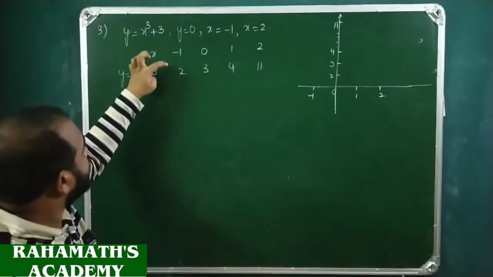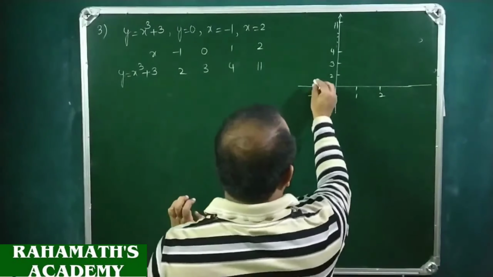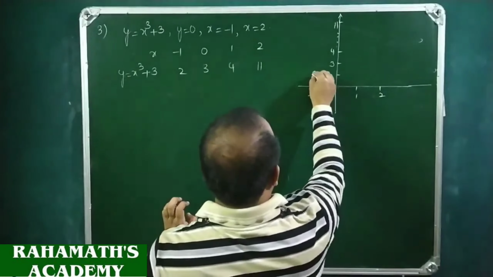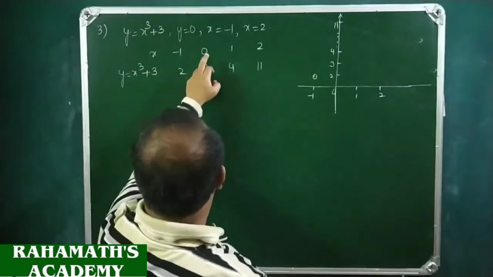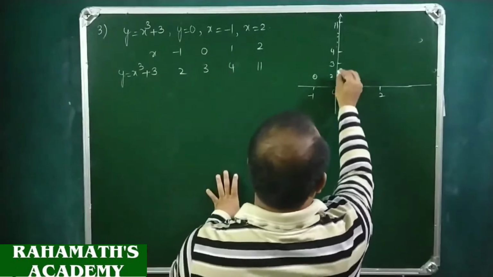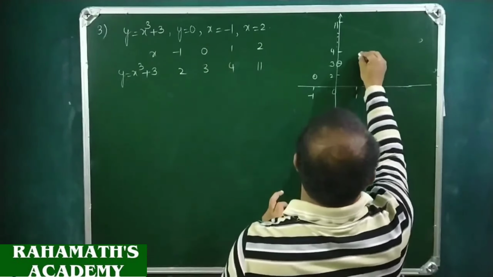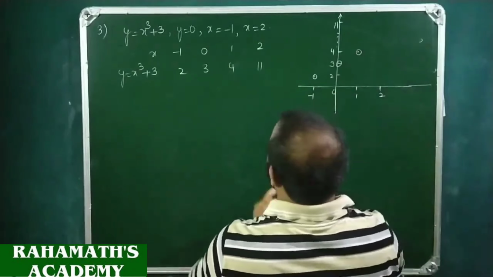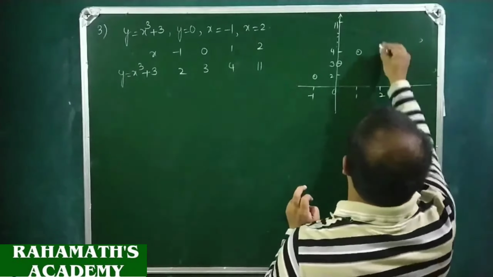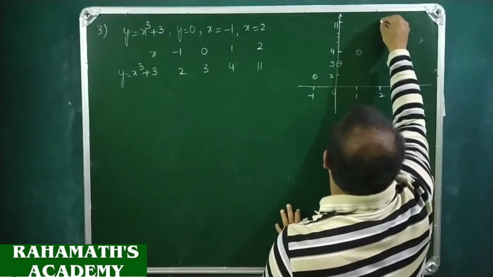Now minus 1 comma 2 will be here. 0 comma 3 is this. 1 comma 4 is this. And 2 comma 11 is somewhere here.